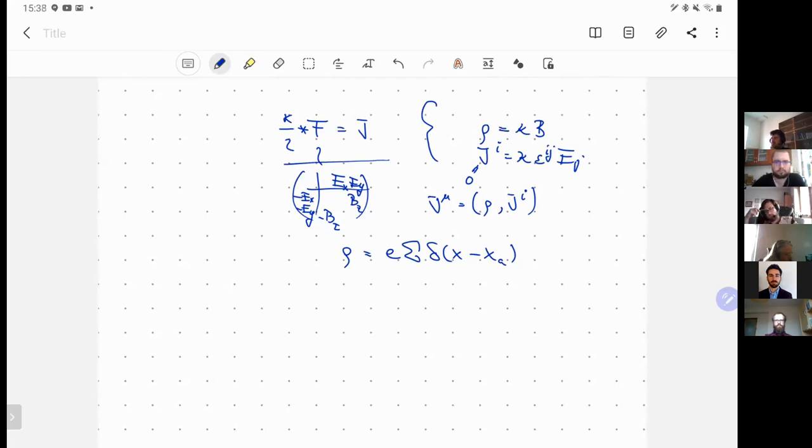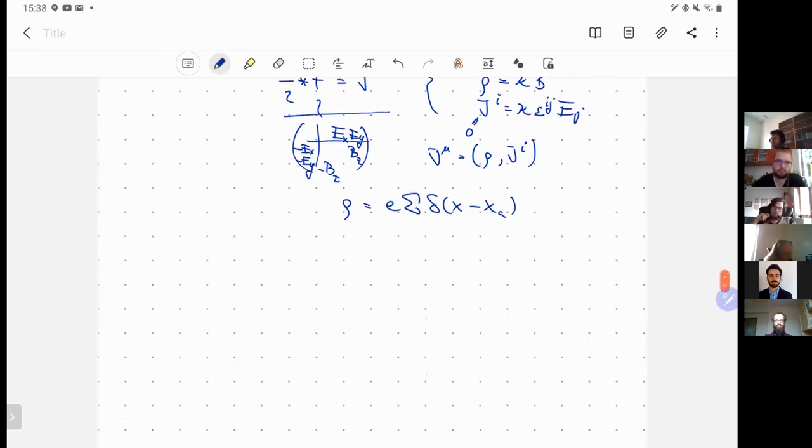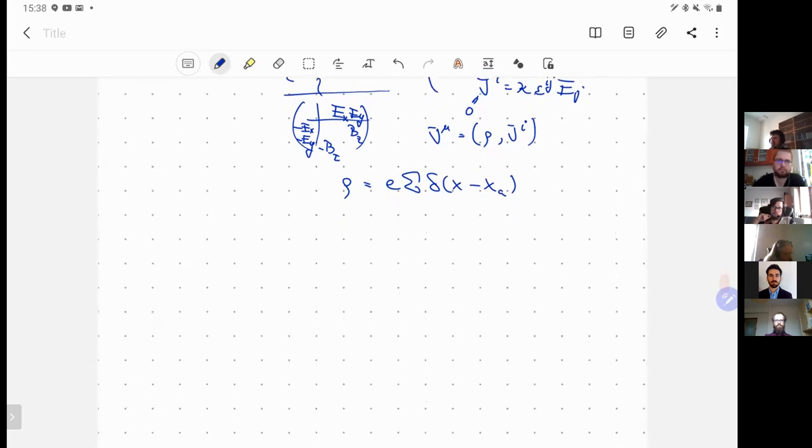But here it's the opposite. The E is not created, but B happens to be present. But in a very strange form. It's just localized right at those points where I put my charged particles.